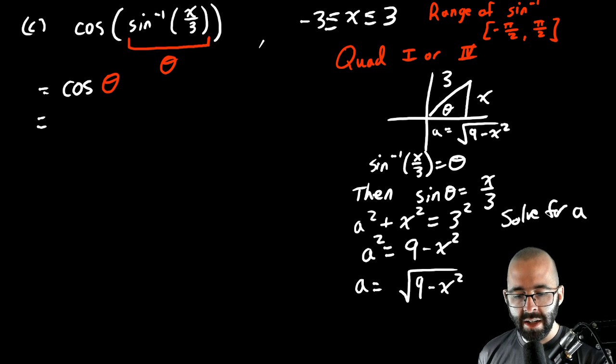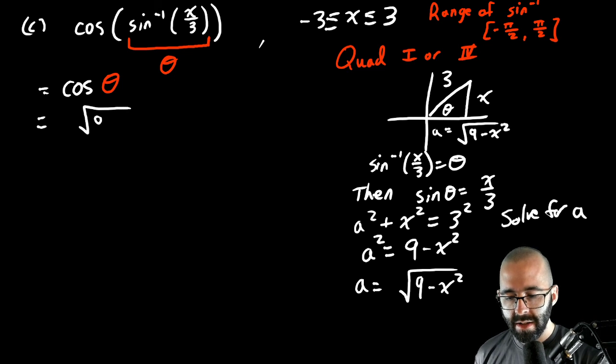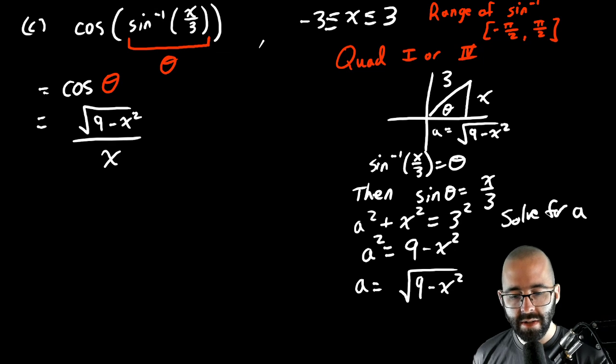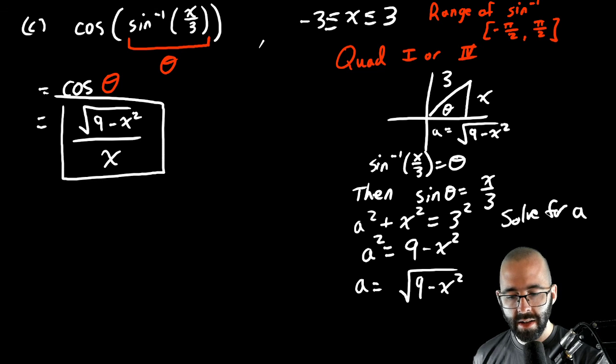So the cosine is going to be adjacent divided by hypotenuse. That's the adjacent. That's the hypotenuse. And there we go. That is the cosine of theta. And here we go.